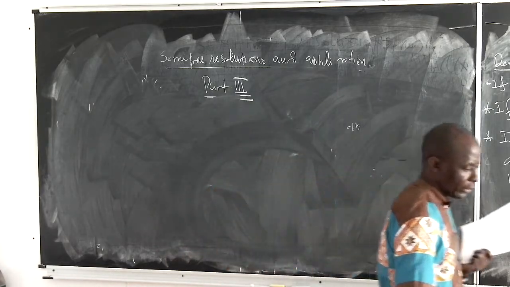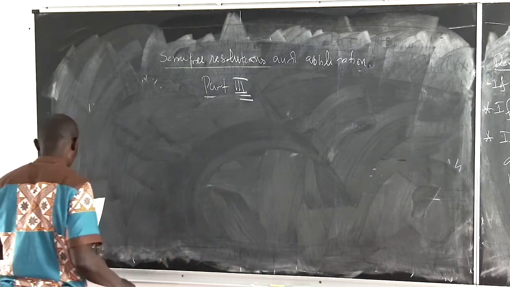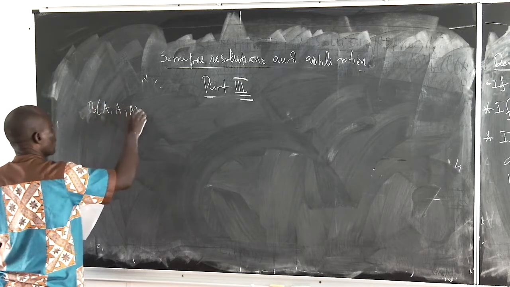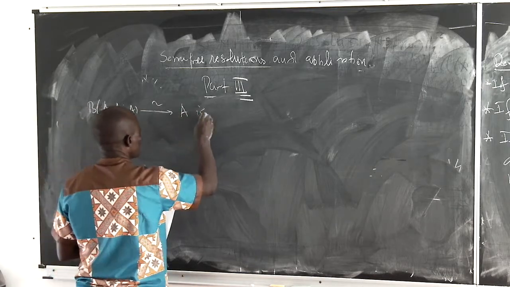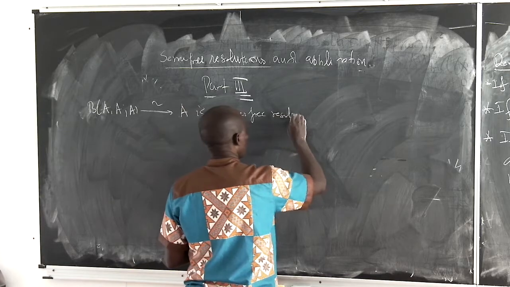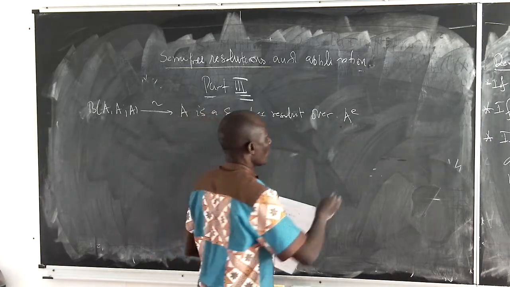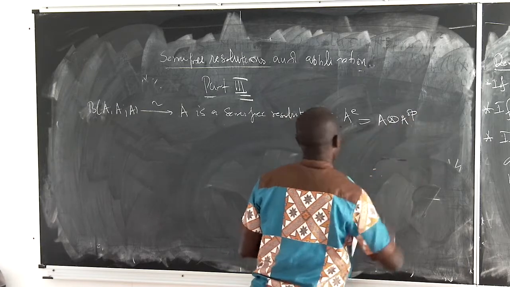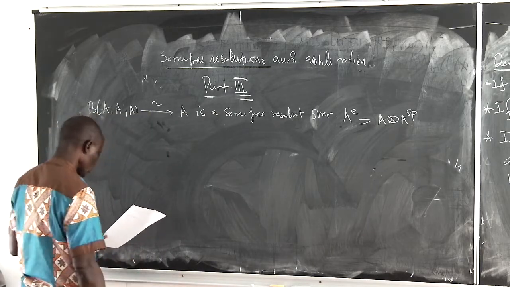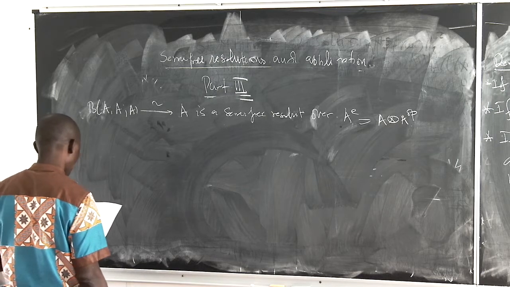But before the definition of the cobar construction, there is another important remark, which tells us that the bar construction of A is a semi-free resolution over, which is equal to, as I defined it, the enveloping algebra.